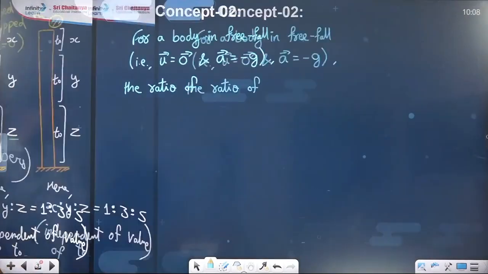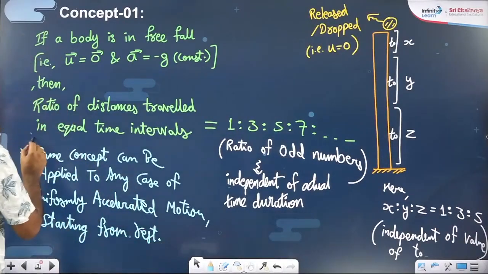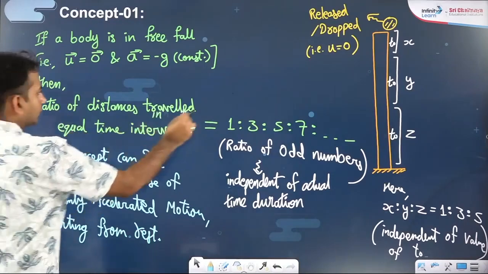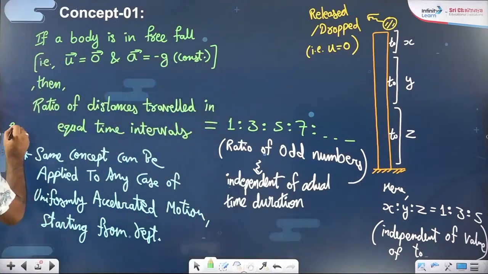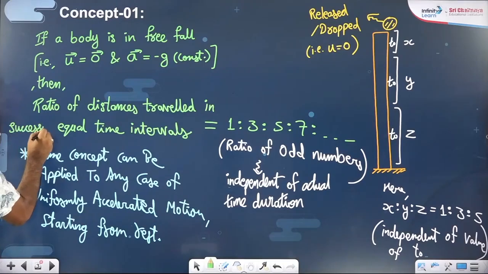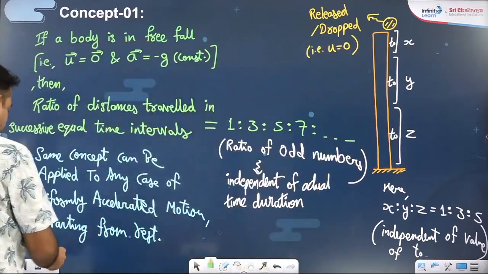The ratio of distances traveled in successive equal time intervals, because these are successive time intervals. Okay, that is the ratio.